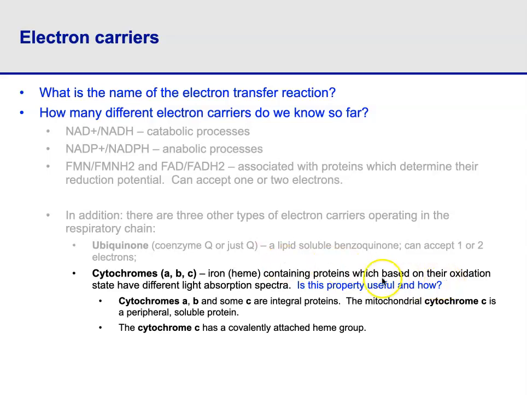And then I would normally ask you, is this property useful and how? And I would hope that you would realize that if we can distinguish between oxidized and reduced state of the cytochromes, we could use that to study the progression of metabolic reactions.